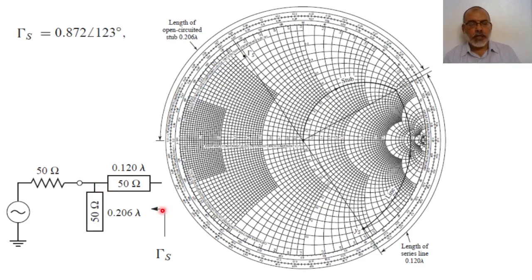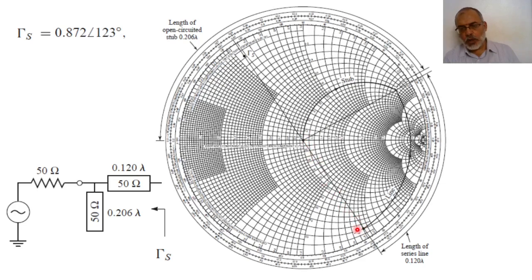And the total admittance at the source point is this one. So we are going to move towards the load, not towards the source. Here, if I'm moving clockwise, I'm moving towards the source. If I'm moving counterclockwise, I'm moving towards the load. So here I'm moving towards the load. I'll go with this radius from the center to the point YS.